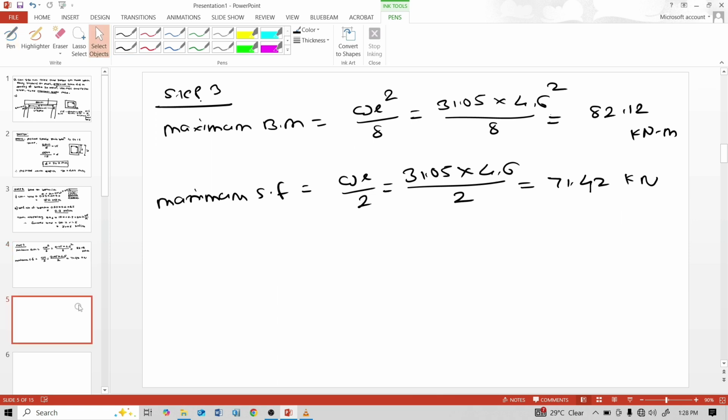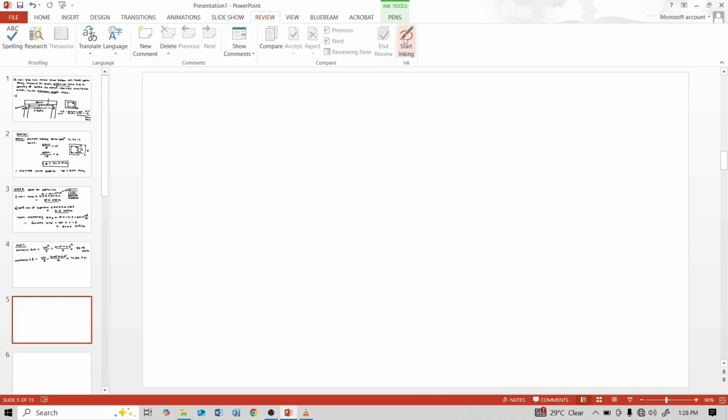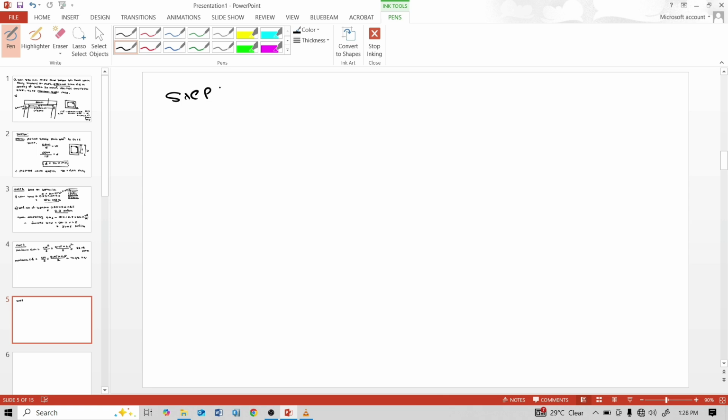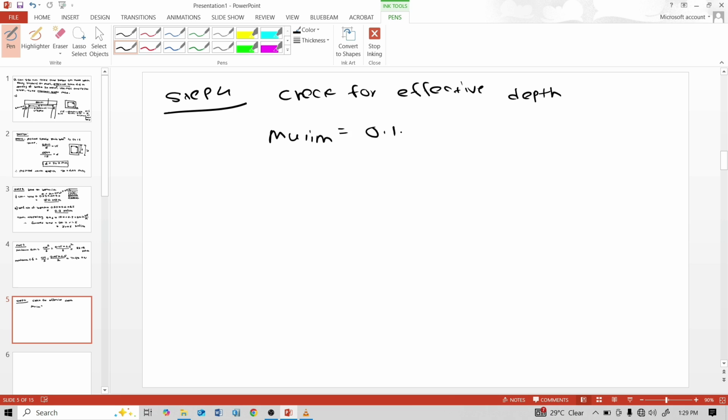Next, step 4. Check for effective depth. Effective depth check formula is Mu limit equal to 0.138 fck b d square.